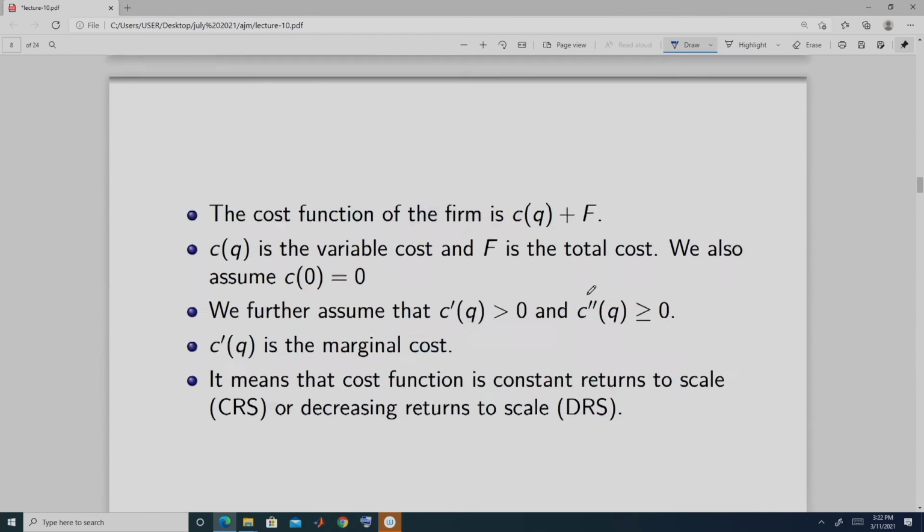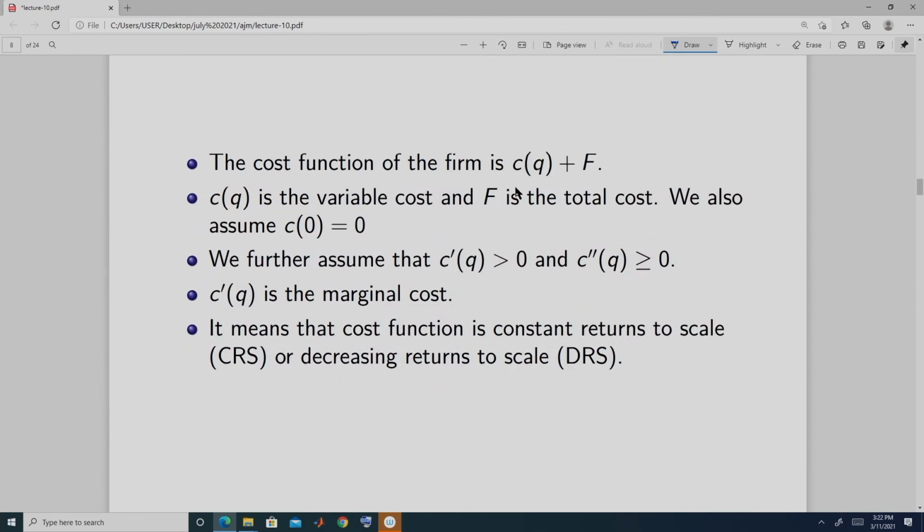Now, the cost function is of this nature. This portion is the variable cost and this f is the fixed cost. We assume that if output is 0, the variable cost C is equal to 0. So, that means variable cost is only incurred whenever there is a positive amount of output. Okay?